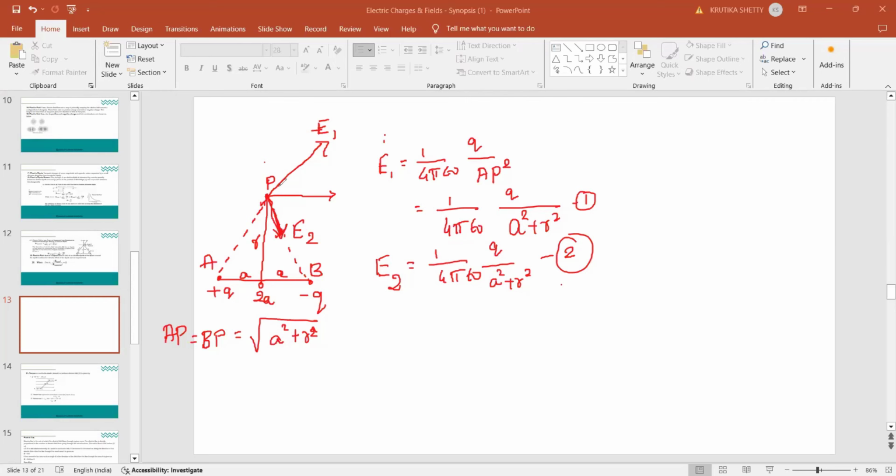Please tell. Okay, so here some angle is there, that is theta. This is also angle theta. Here also angle theta. This is also theta. And this is perpendicular. And this is my resultant. Okay. So E1 and E2 values are clear to you.